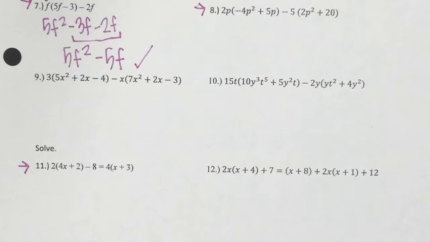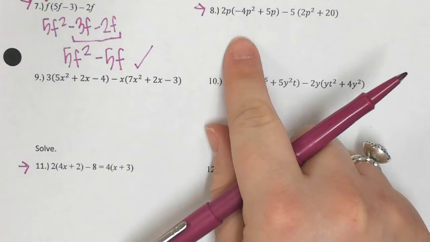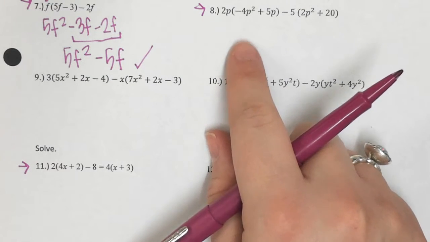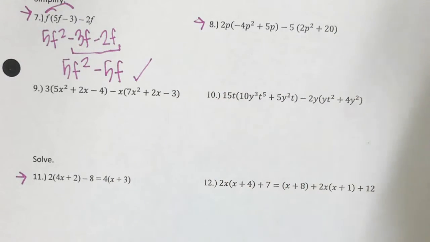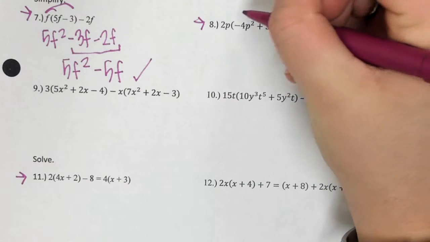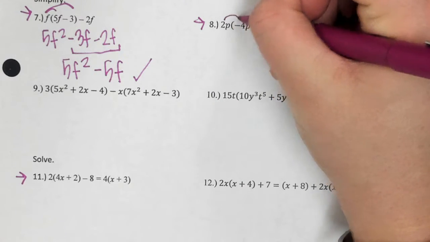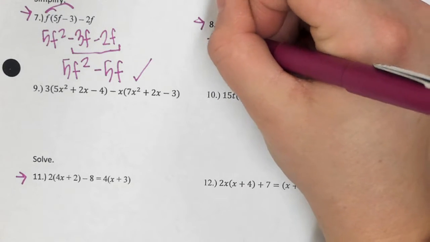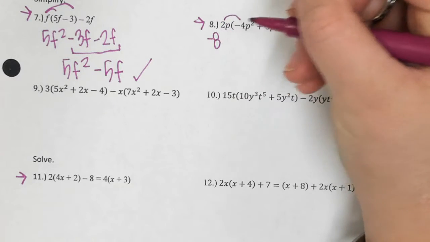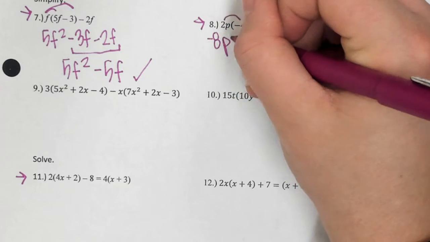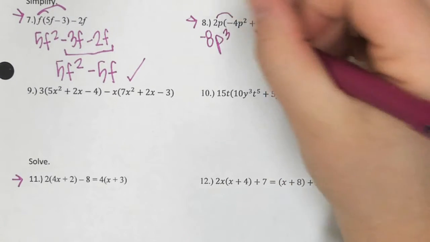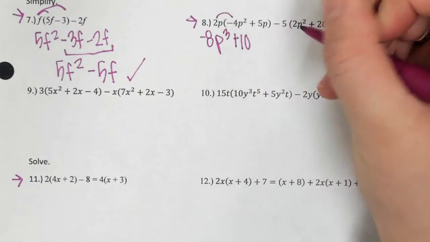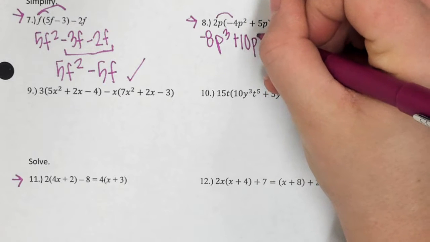Okay. Number 8. The difference in number 8 is that there are 2 sets of parentheses. So let's just go ahead and distribute our first one. Negative 2 times 4 is negative 8. P times p squared is p to the third. Negative 2 times 5 is negative 10. P times p, p squared. Good.